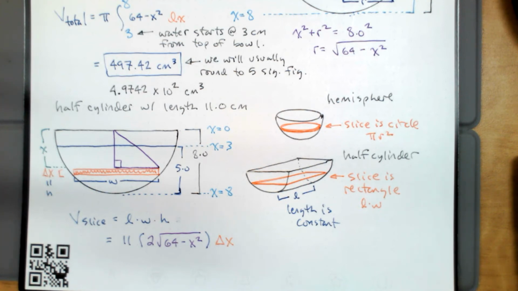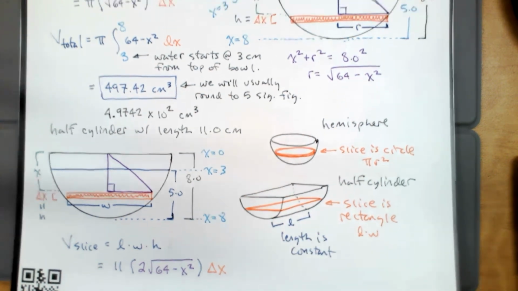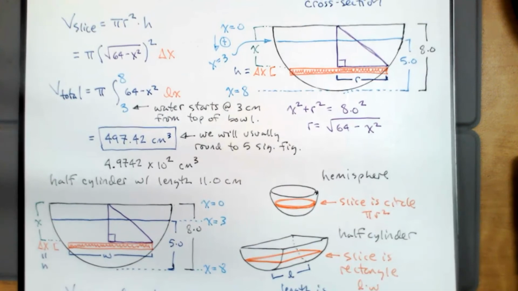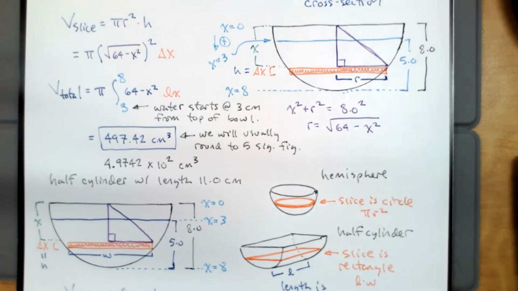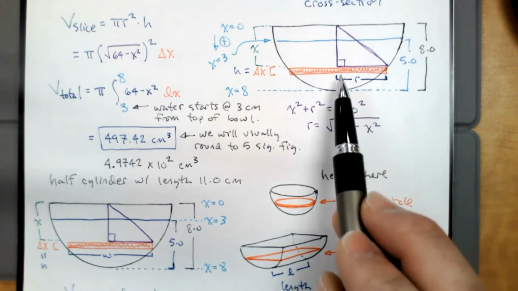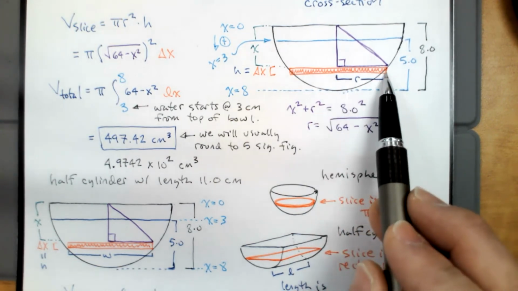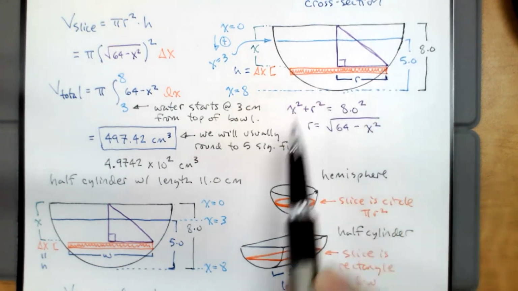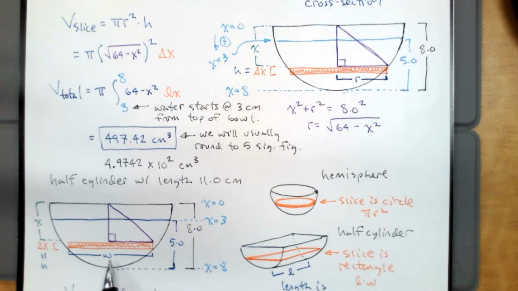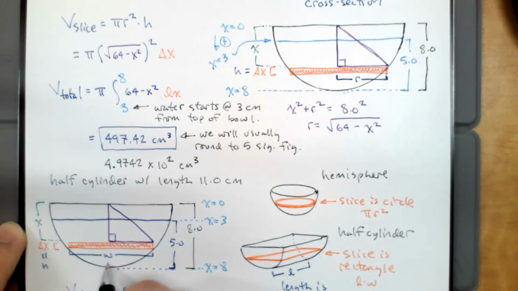Yes. So I'm using the same triangle I had in the previous problem. And in the previous problem, since I was looking at the radius, I was going from the middle to the bowl. And so that's half of what I want now. The radius is down here. The radius from before would have been right here.